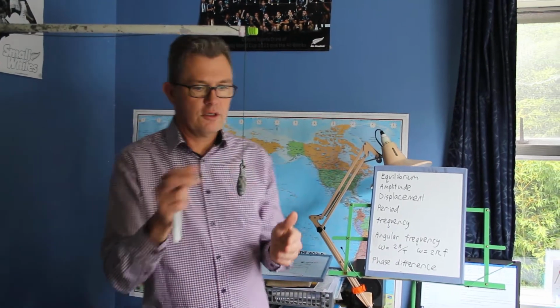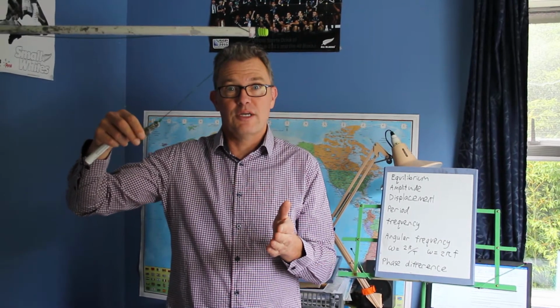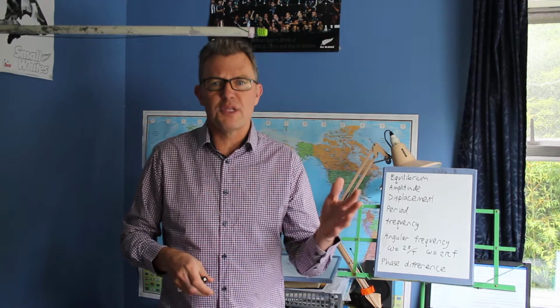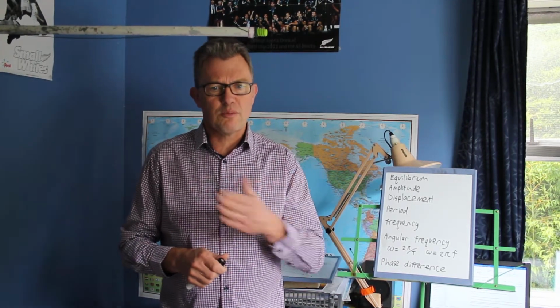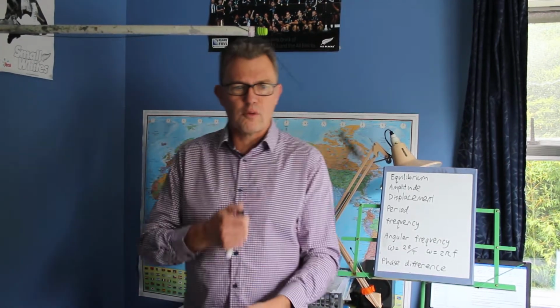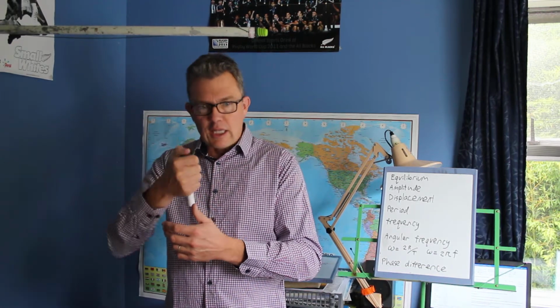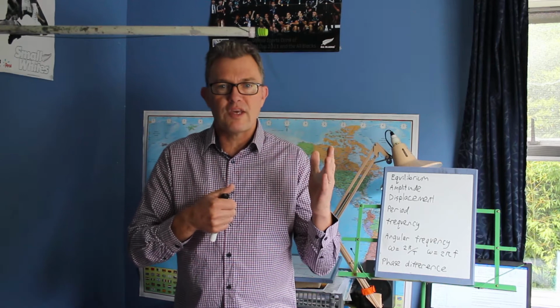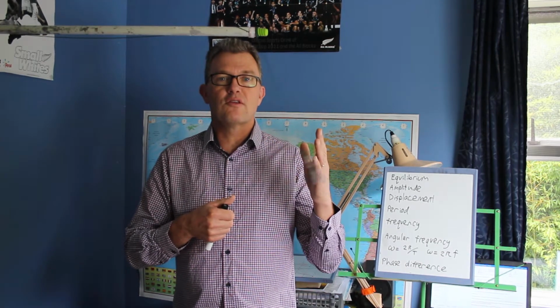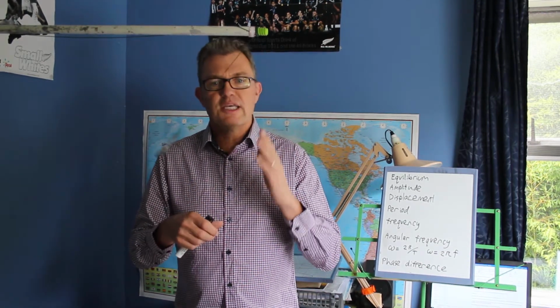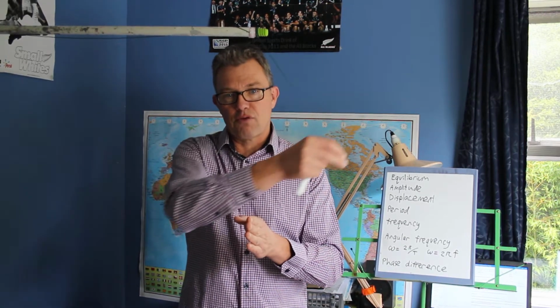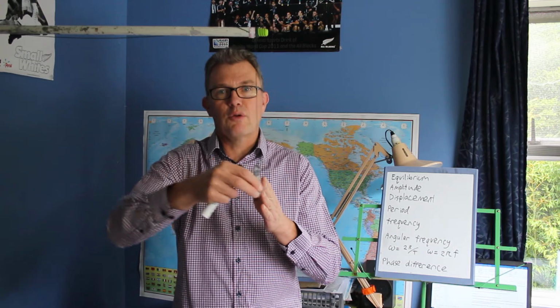We've also got the period. Now the period of motion, you probably know this, is the time taken to complete one cycle. So if you've got your stopwatch, you're going click, click, and it might be 1.1 seconds or 0.85 seconds. Technically it's the time taken to get from equilibrium through a whole cycle and back to equilibrium again.